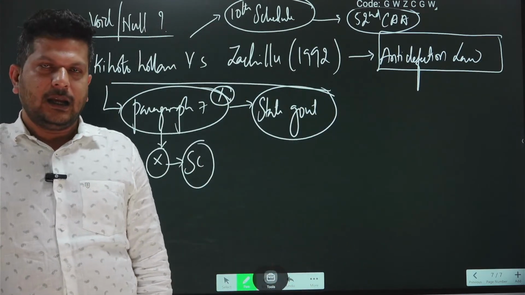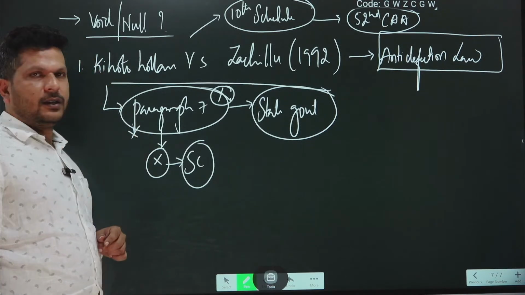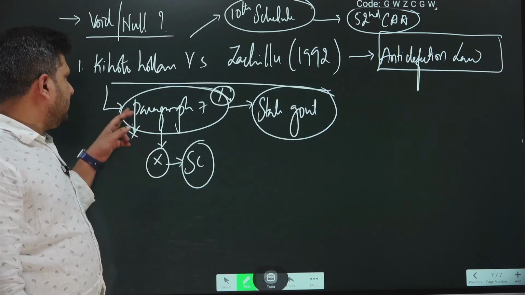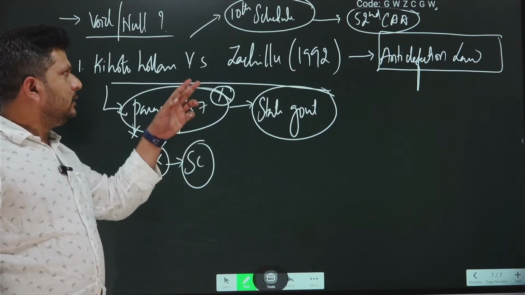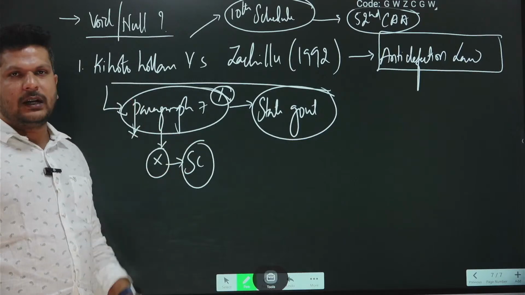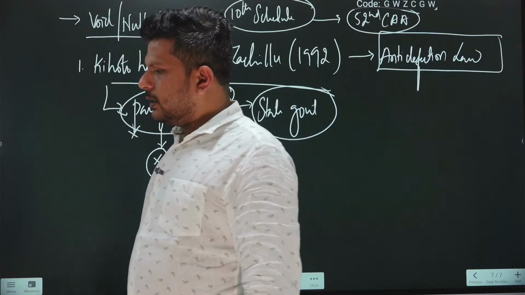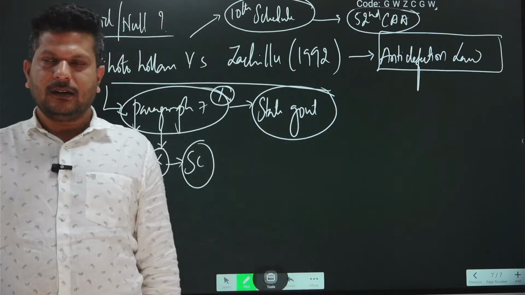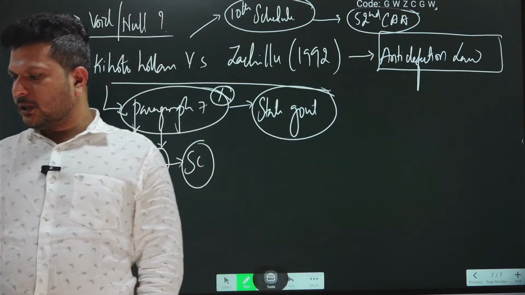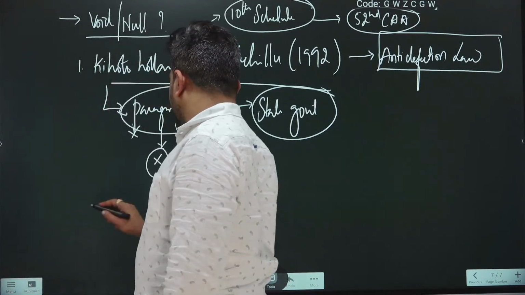So here it was held that when para 7 was against the federal structure of the Indian Constitution, automatically para 7 was removed from the 52nd Constitutional Amendment Act and the other provisions were kept in operation. In the same way, there was another case in 2021, Union of India versus Rajendra N. Shah, which concerned the 97th Amendment Act 2011.